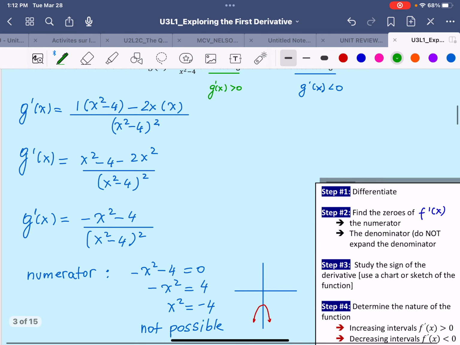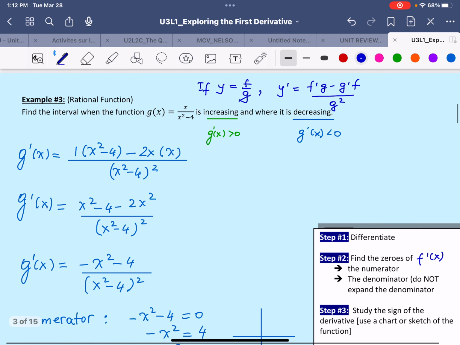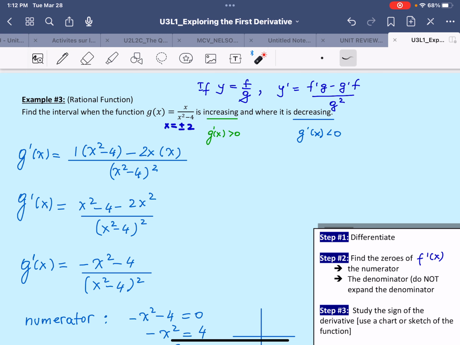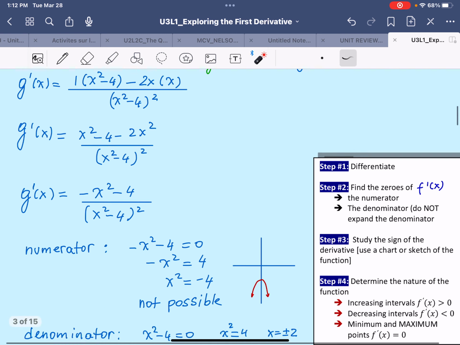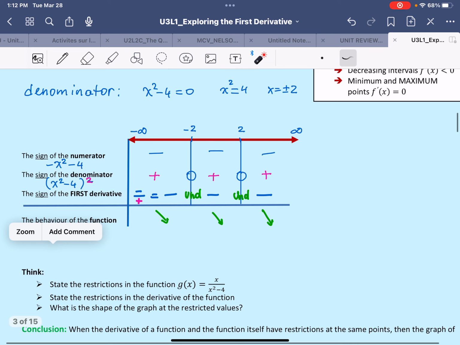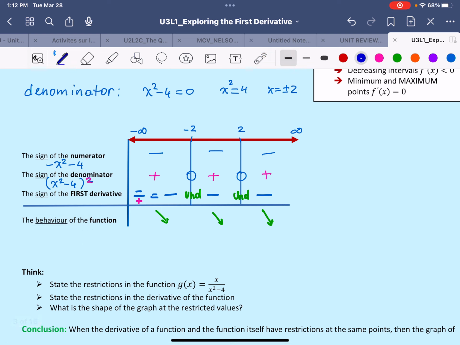Now, if you look at the equation of the function, notice that x equals plus and minus 2 are also restrictions on the graph of the function, and we are very familiar with this concept because we have graphed rational functions in the advanced functions course, and we know what is happening there: a vertical asymptote.